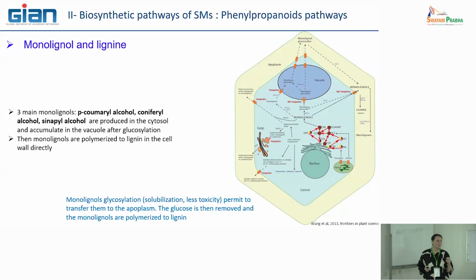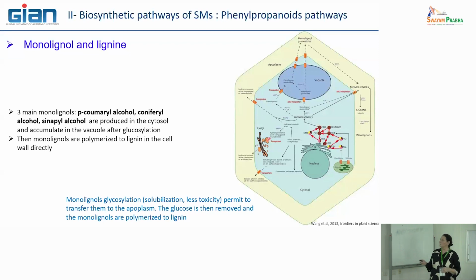But you need to understand that these transfers are not so easy to do, are not so natural, because there are membranes that identify the vacuole, and this membrane is not so easy to cross.